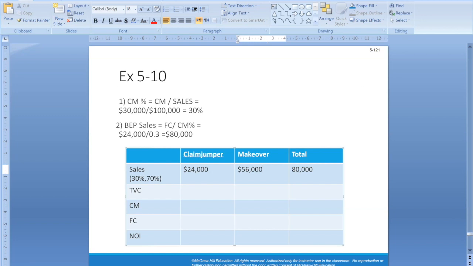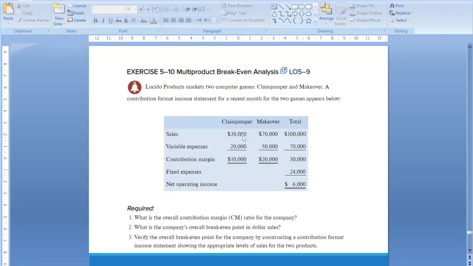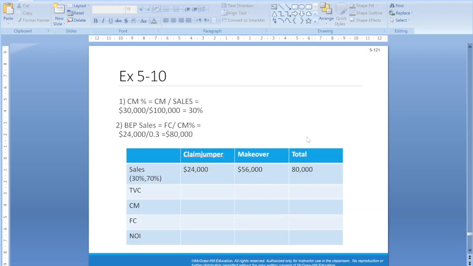So we use the sales mix given in the question. Given in the question means the total sales of each product divided by the total sales for the whole company equals the sales mix. We still use it to distribute the 80,000 sales total to break even.